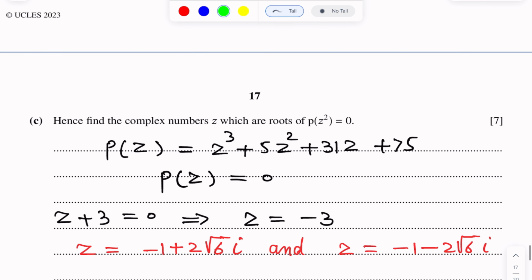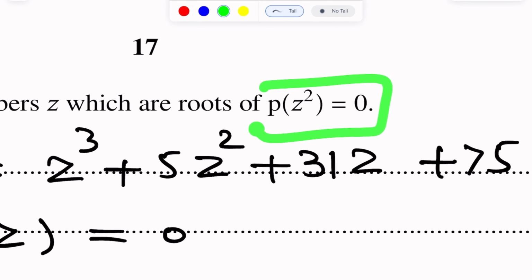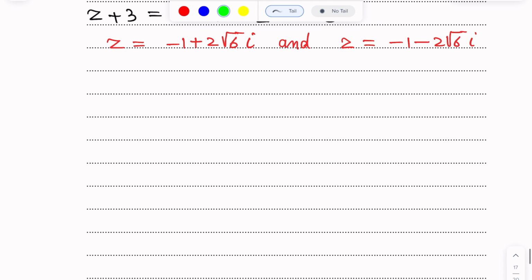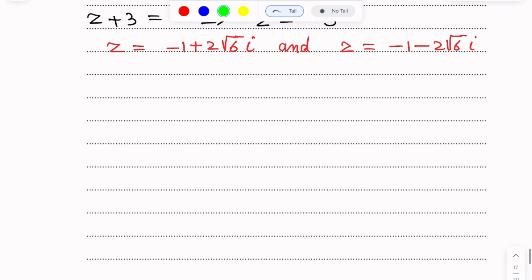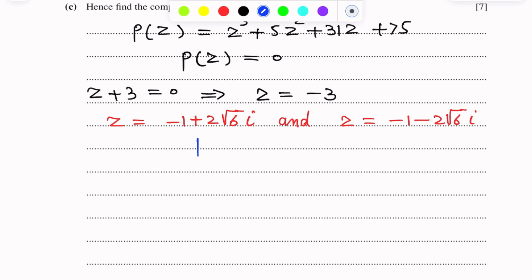Now in this question, P(z square) is equal to 0. So first we write z equal to minus 3, meaning z square is equal to minus 3.